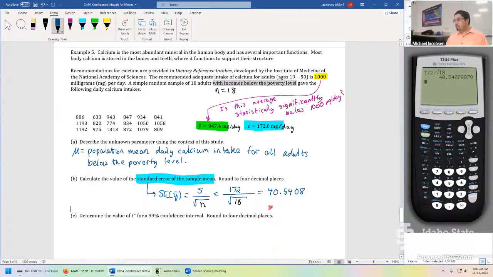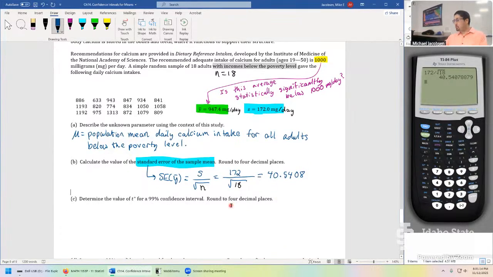Next, we need the critical number T star. Here's where we should go a little bit slower, a little bit more careful, like on the other ones. There's always a kind of sequence to this. You take the confidence level, write it out as a decimal, now it's 0.99. Then, once you have that confidence as a decimal, you write out what the left tail area would be, or right tailed area, if your calculator can flip it to the right tail.